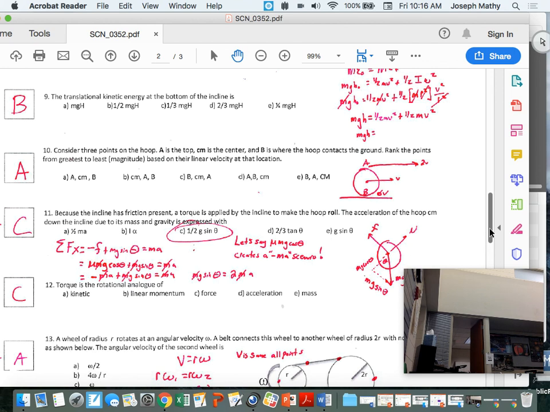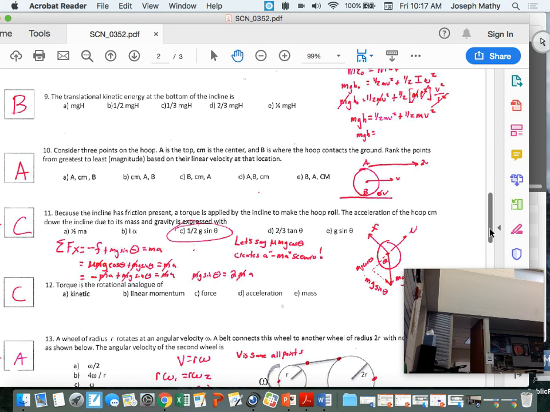Hey, everybody, when it comes to 9, it's a rolling problem. And then I just had to take out the angular portion of that. So obviously we say mgh equals half mv squared plus half mv squared.